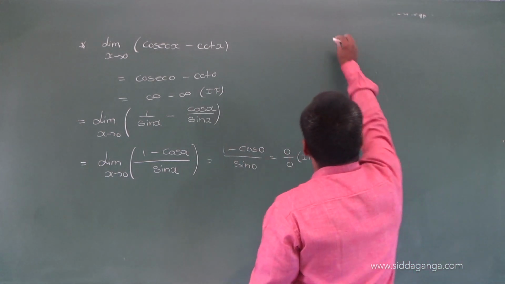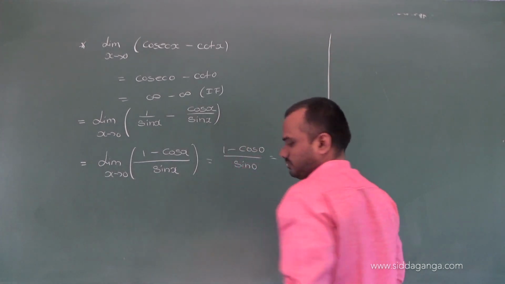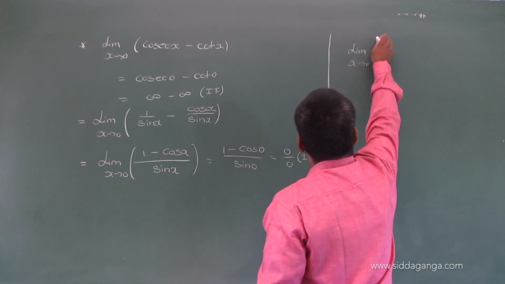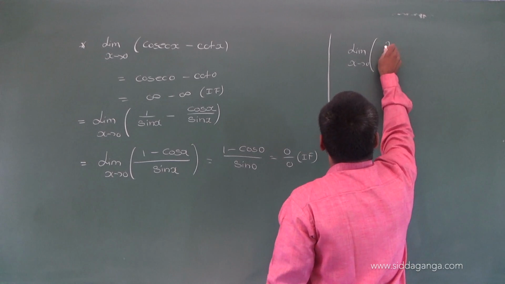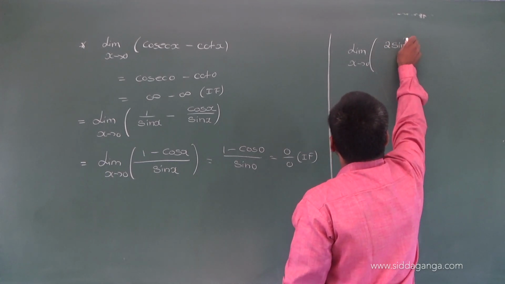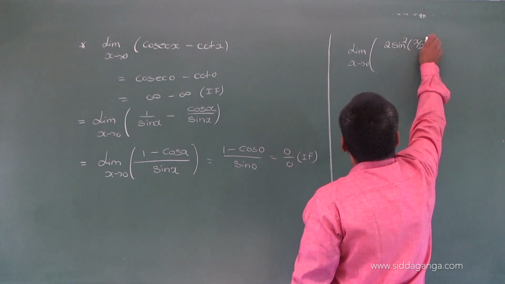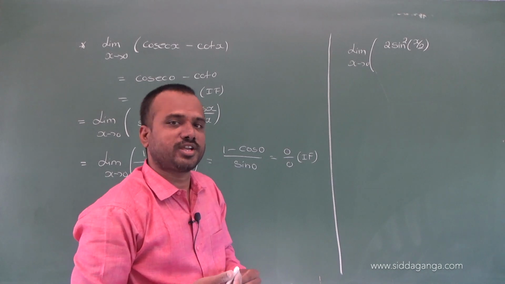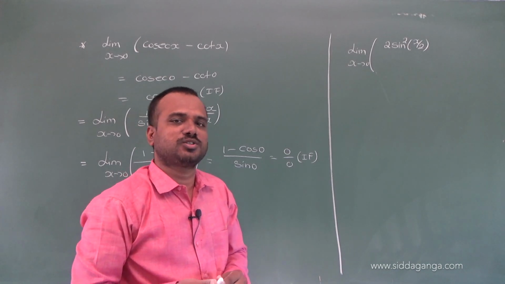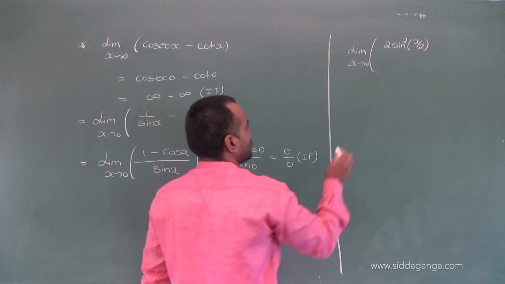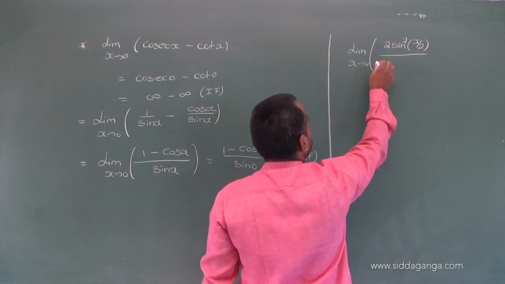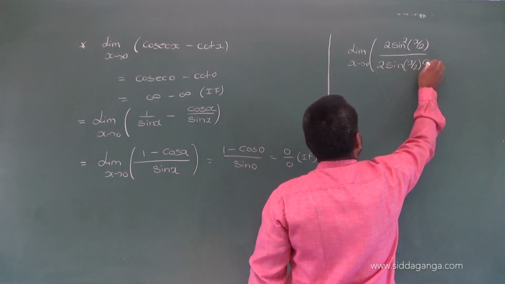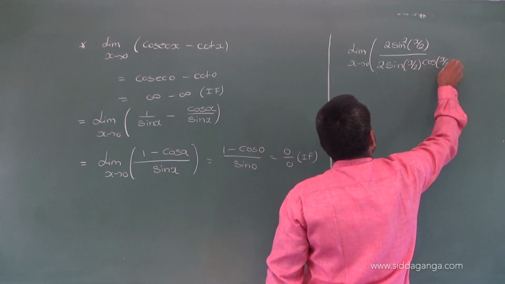See this one. Limit x tends to 0, 1 minus cos x is 2 sin square x by 2. Just now in the last class we wrote 1 minus cos x as 2 sin square x by 2, and sin x as 2 sin x by 2 into cos x by 2.